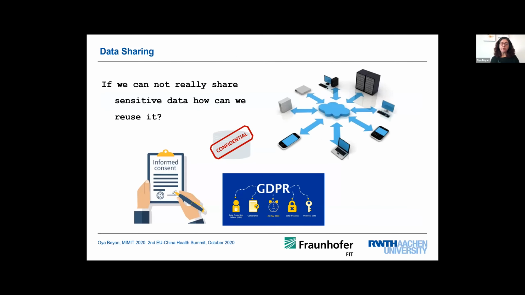So if you consider this data sharing and all these problems around sensitive data, if we cannot really share this sensitive data, how can we reuse it? Is it really possible to reuse this data, even if it's fully findable, accessible, interoperable, and reusable?